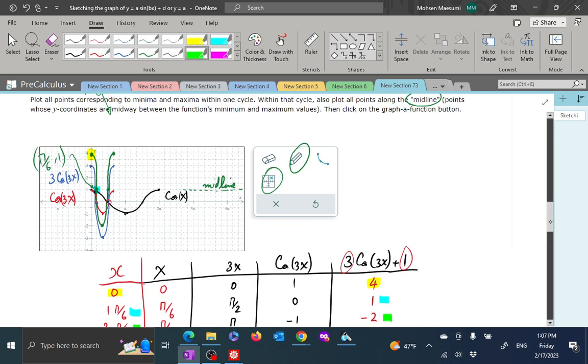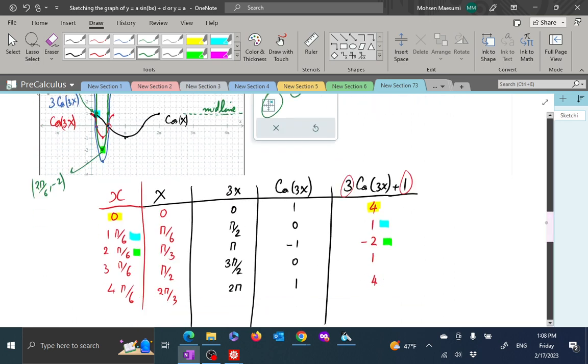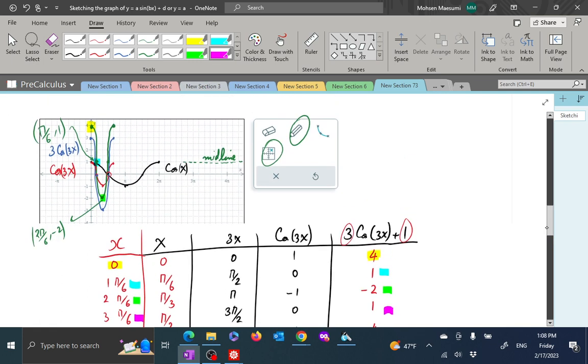2 pi/6 with minus 2 is this. This is 2 pi/6 and minus 2. And so on. So 3 pi/6 and 1. That's again the point here.